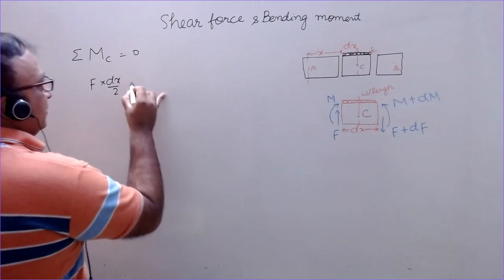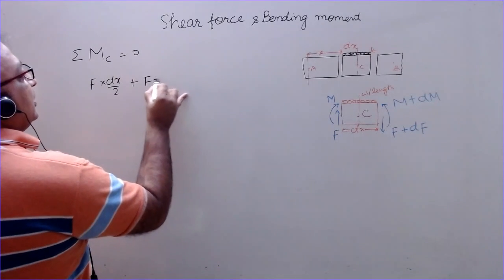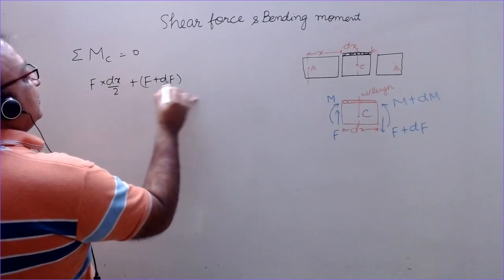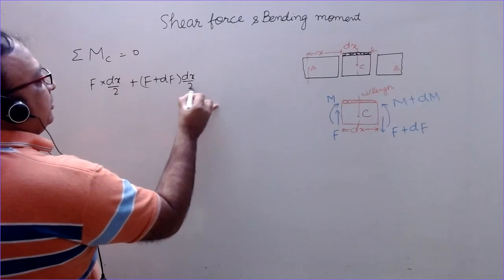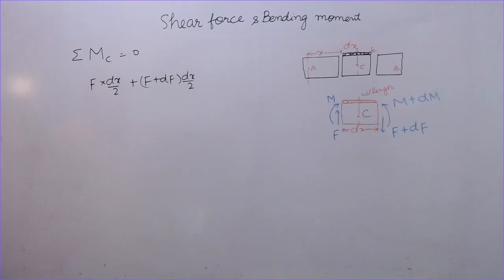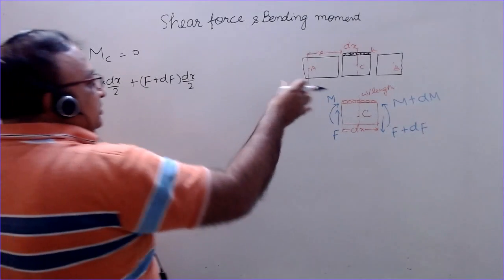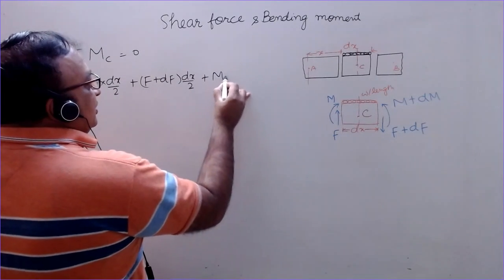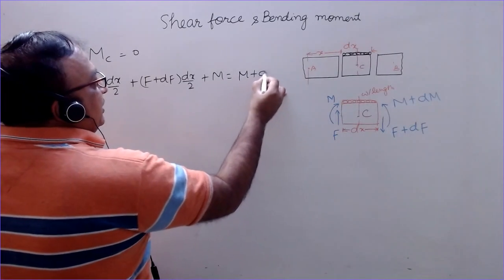So plus F plus dF into dx by 2. What about the moments? Moment M is in the same direction, whereas M plus dM is in the opposite direction. So plus M equal to M plus dM.